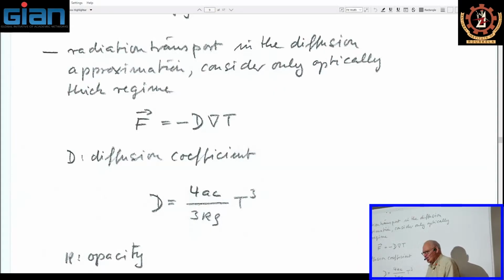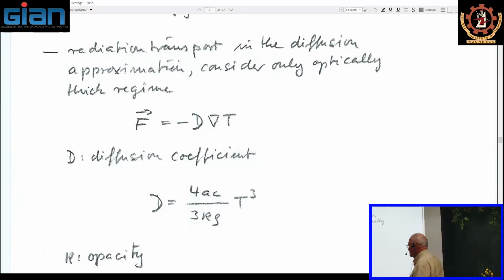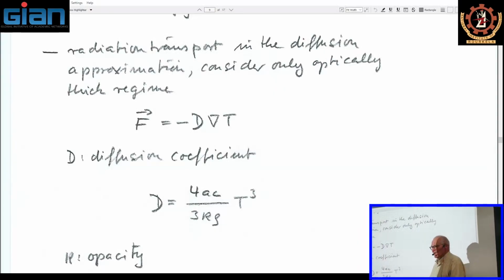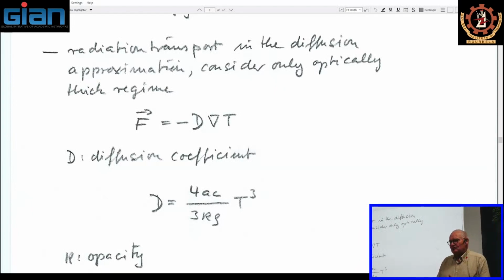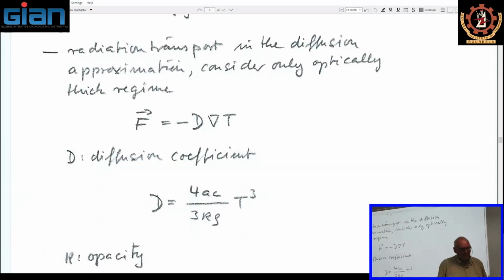And the essential quantity here, which determines the energy transport, is the so-called opacity. And to determine this opacity is a big business, because you have to take into account all the interaction between photons and matter. You have to consider various processes which go on in an atom, which absorbs photons, which re-emits photons, and all that is condensed in the so-called opacity.